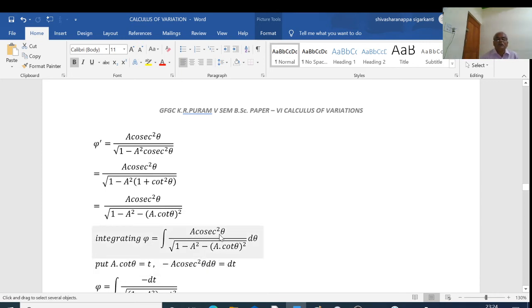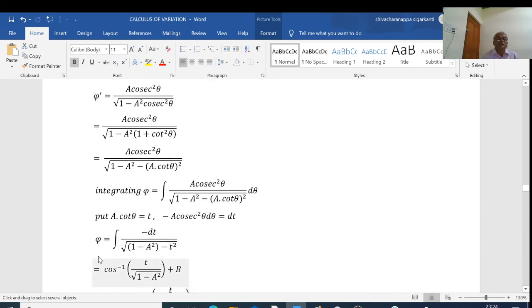Therefore, a cosecant square theta d theta is equal to minus dt. Okay, so this is equal to integration minus dt, denominator root of 1 minus a square minus t square. And this is in the form of minus 1 by root of a square minus x square.